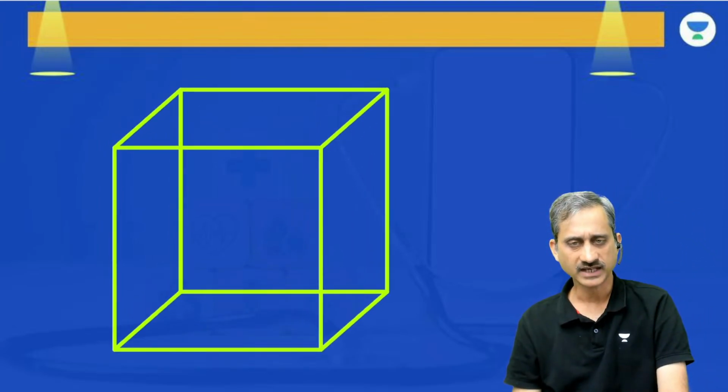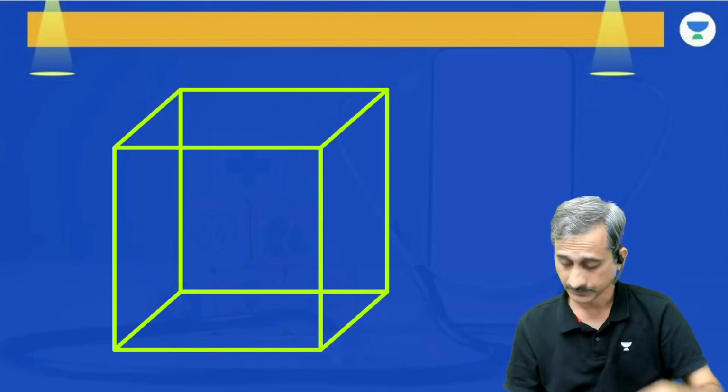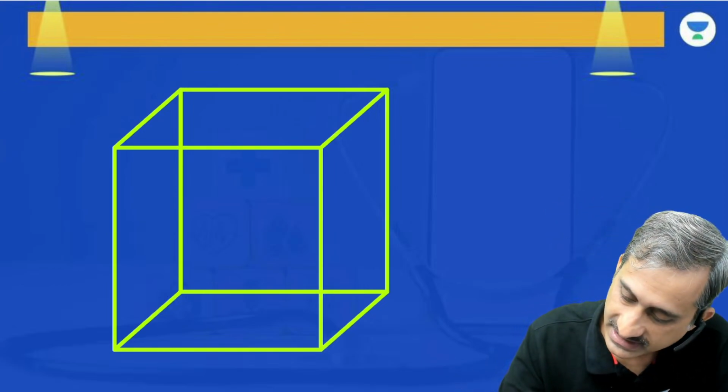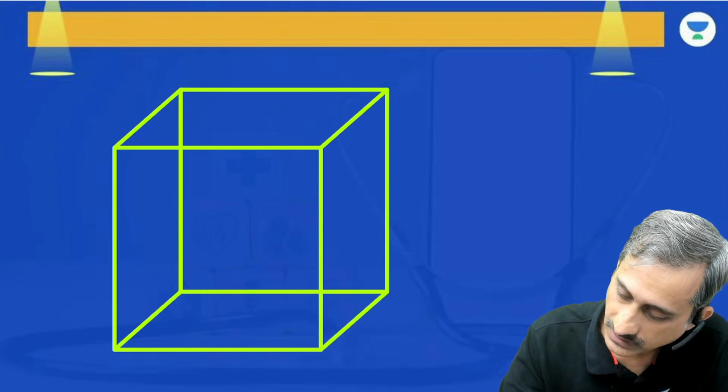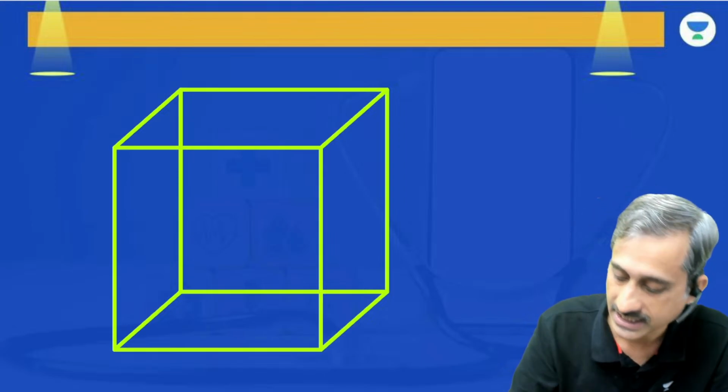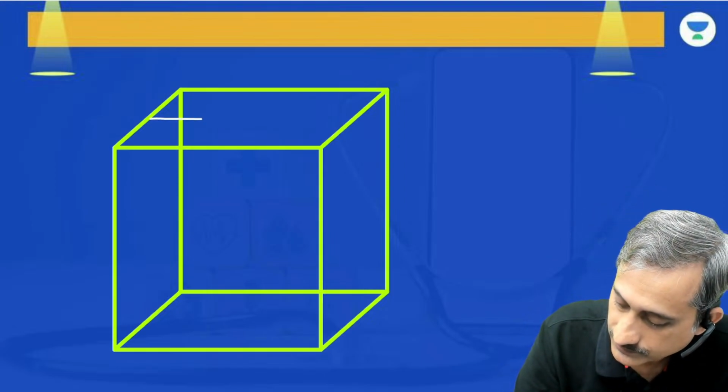This is the cube that we have. And what we do is we divide this particular cube into 8 smaller cubes.